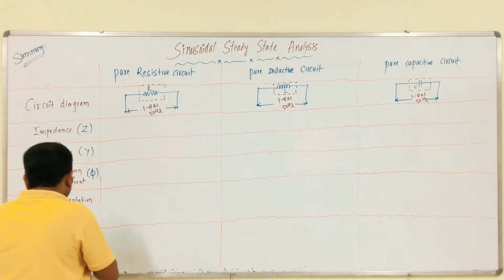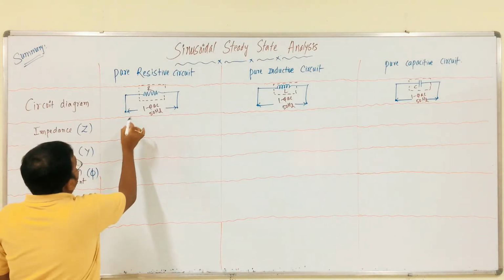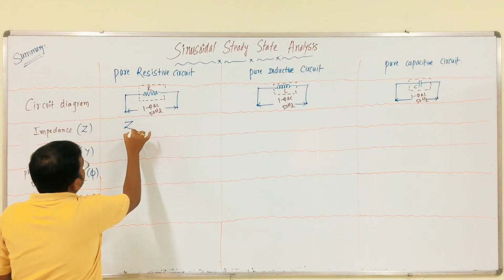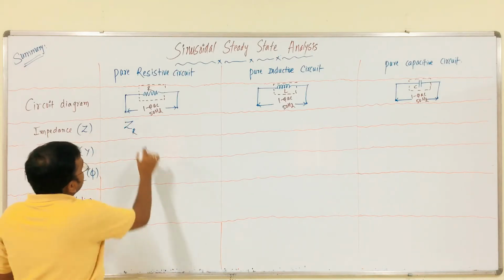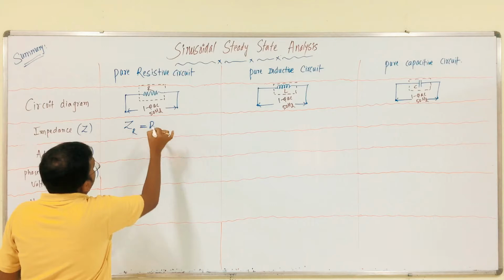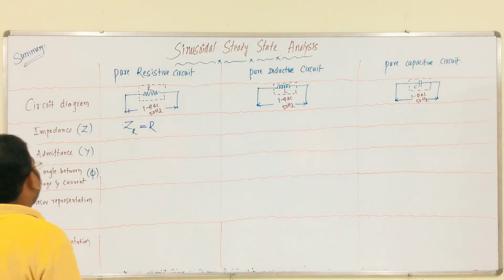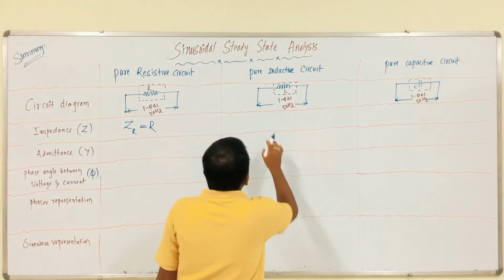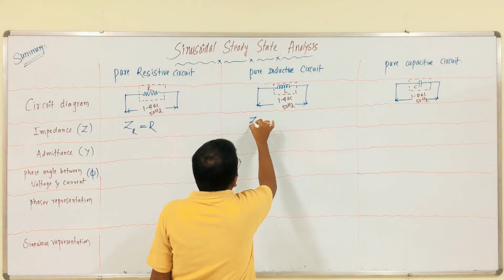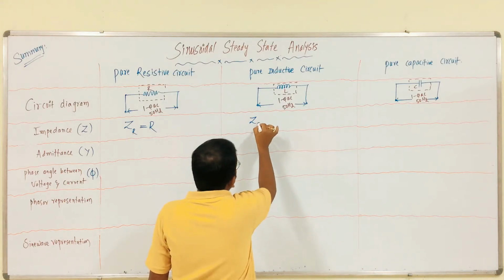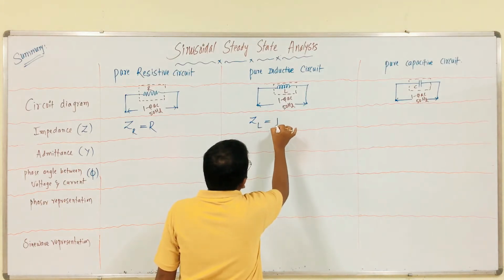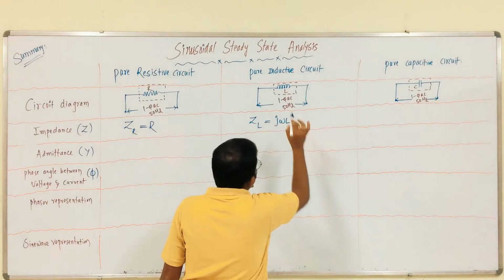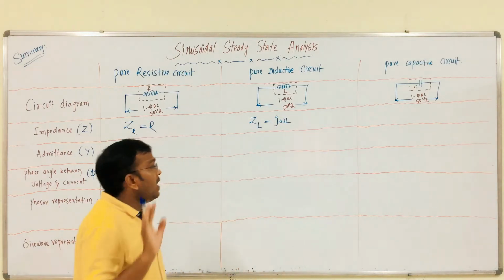So, coming to the impedance. For pure resistive circuit, it is represented with ZR, which is equal to what? Only we have R, right? Only R. Clear? For pure inductive circuit, that is ZL, which is equal to j omega L, that is 0 plus j omega L. There is no resistive part.